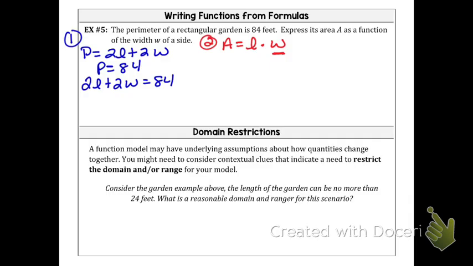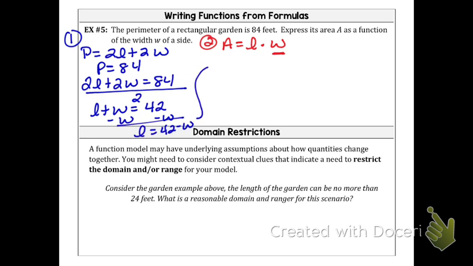Let's go back to part 1, and we're going to solve for L. All right, so first thing I notice is everything here is divisible by 2. So that means that L plus W equals 42. Solve for L. L equals 42 minus W. So now if I come up here, I have A equals, we know L is 42 minus W, times W. And so I could distribute that, and so my area is equal to 42W minus W squared.